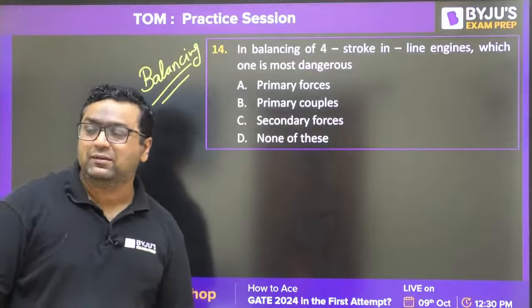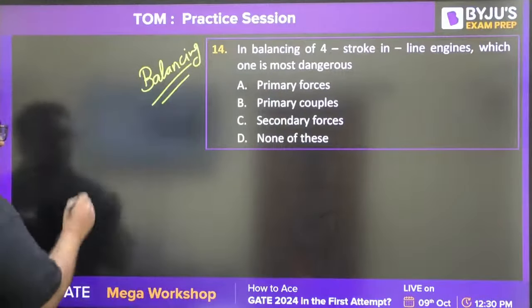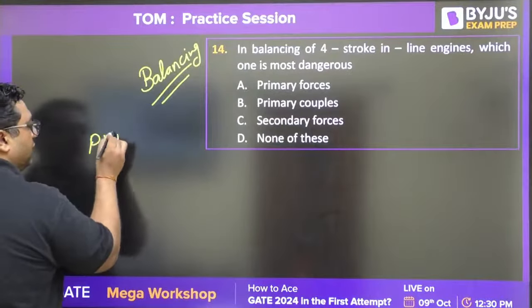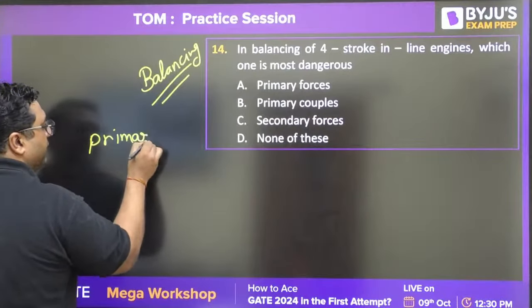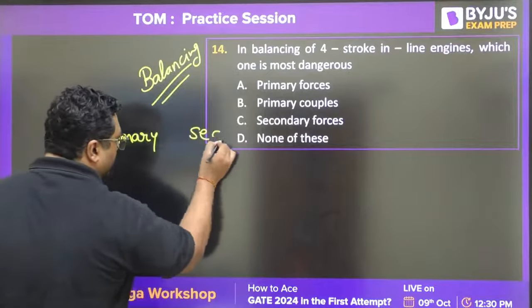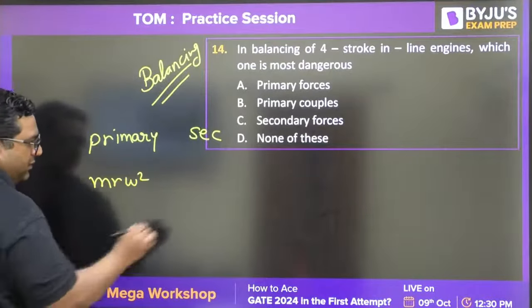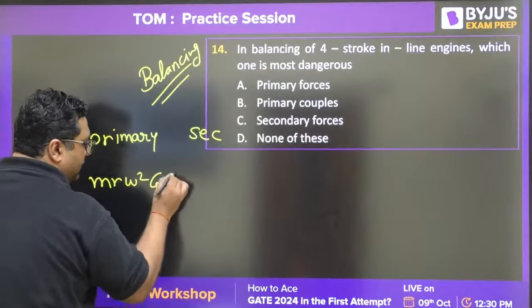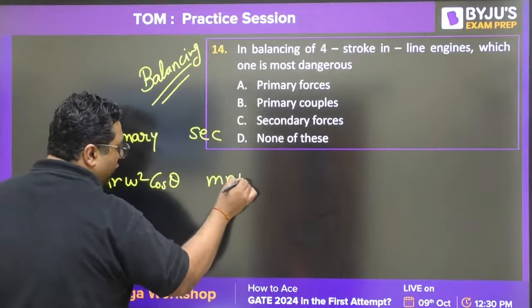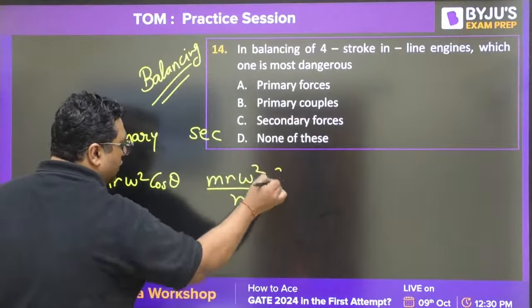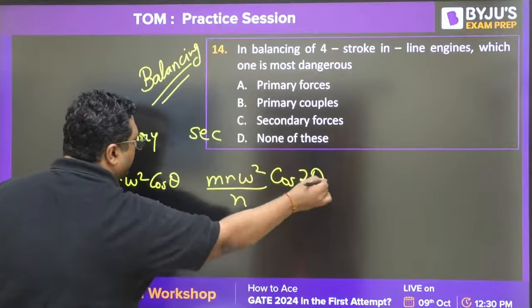सोच लीजिए एक बार. My dear, first of all, always remember the rule. Primary, secondary. Primary was mr omega square cos theta. Secondary are mr omega square by n cos 2 theta.